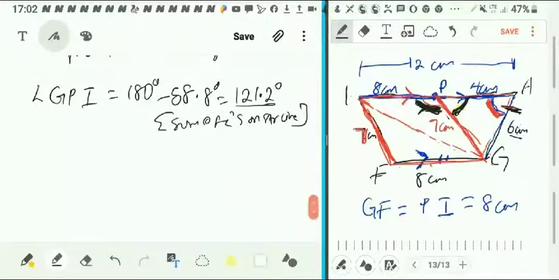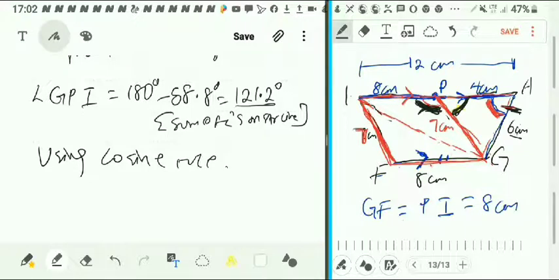Okay, so now that I've gotten this, I can now use, what they call it, the cosine rule now. Using cosine rule, I want to get GI. It is opposite P from triangle.